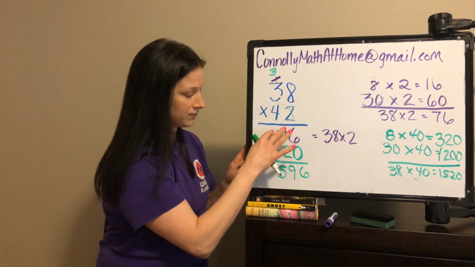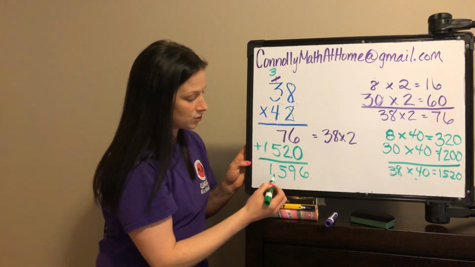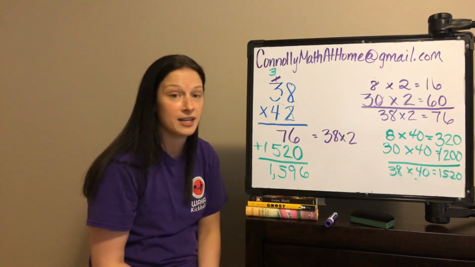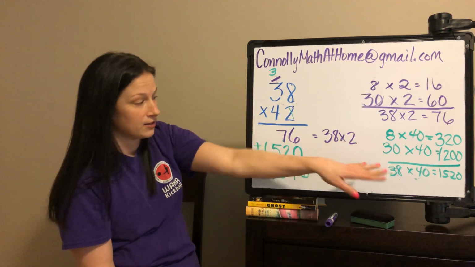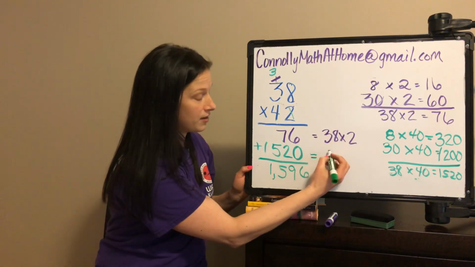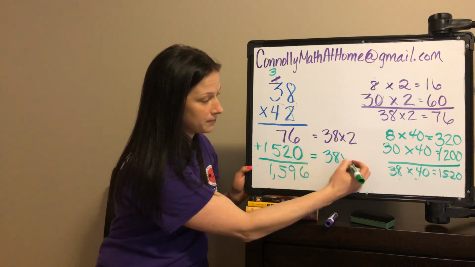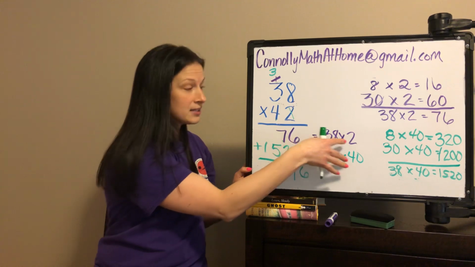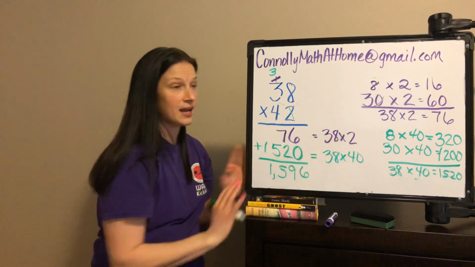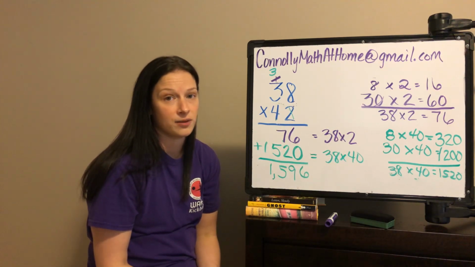There's nothing to add this 5 to, or the 1. So we get 1,596. You see how the numbers are broken apart down here. This stood for 38 times 40. So you can see the 38 times 42, and that's what's going on in the standard algorithm.